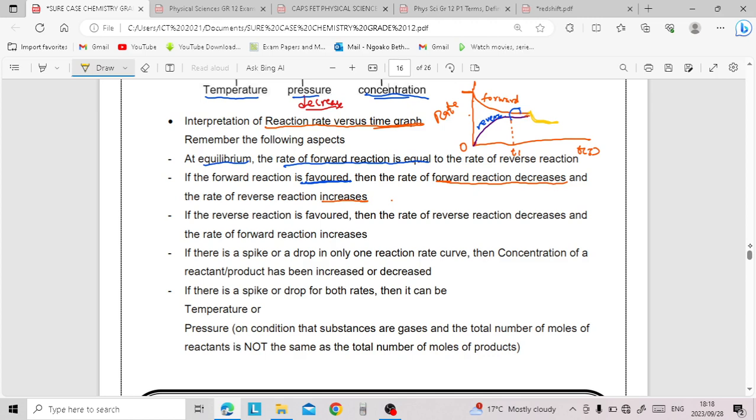So, let's erase this one and interpret it well. If the forward direction is favored, then it must be like this.